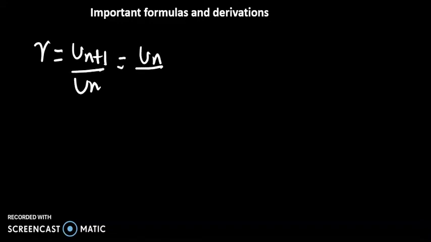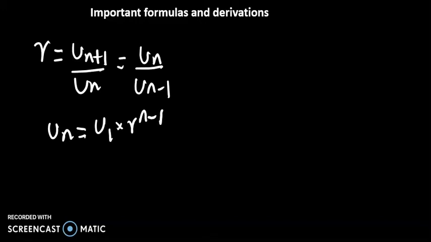Now, important formulas you need to know and derivations. For r, our ratio, the general term is u(n+1) divided by u(n) equals u(n) divided by u(n-1). And the general term for u(n) of a geometric sequence is u1 times r to the power n minus 1.